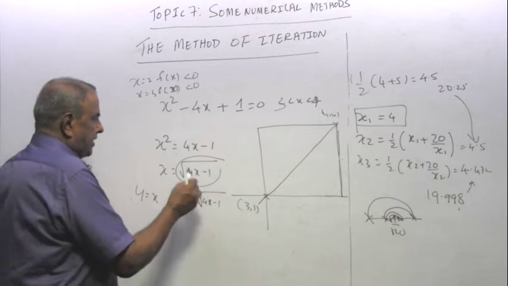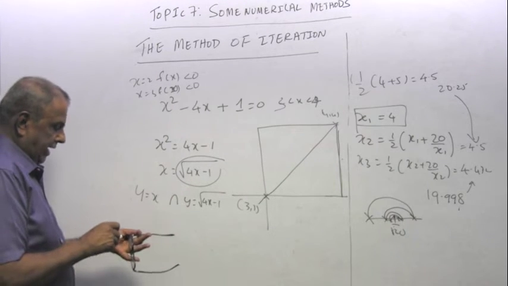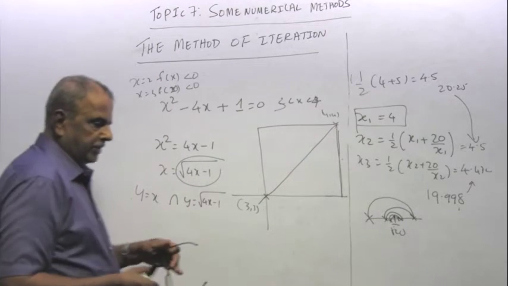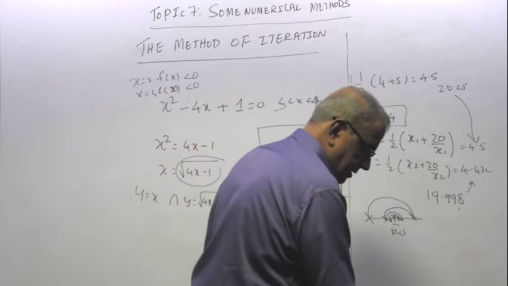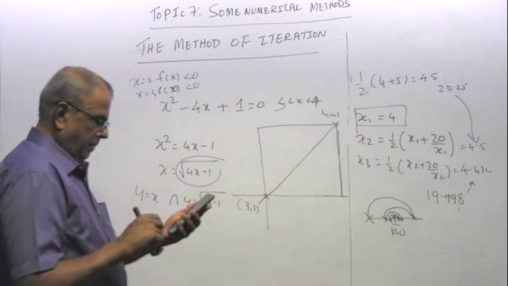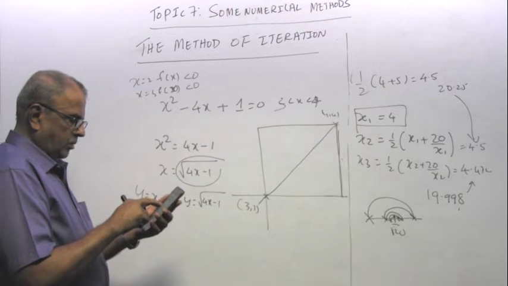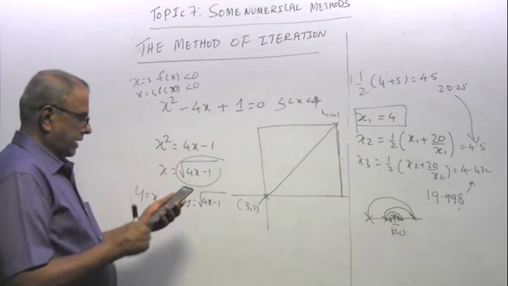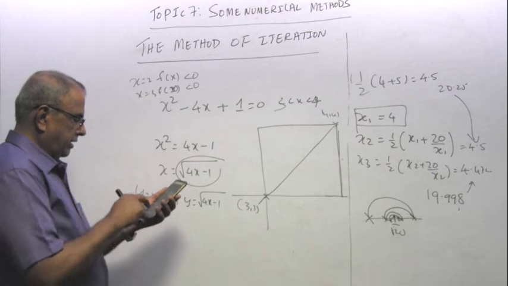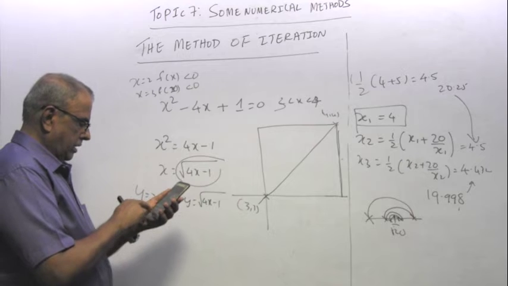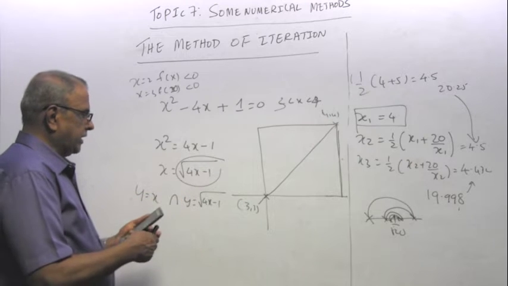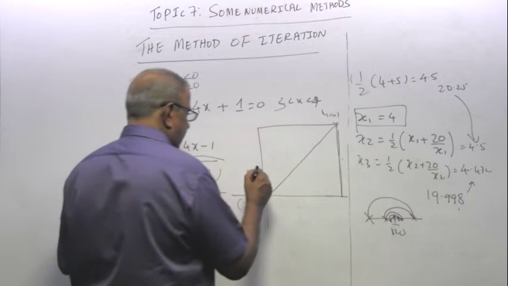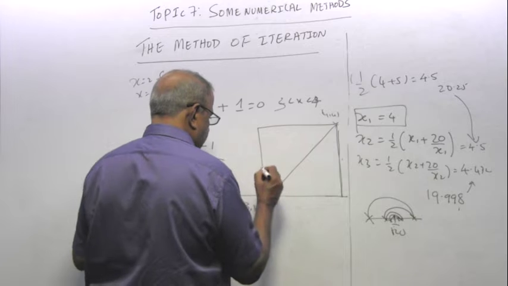And when x is 3, what is root of 4x minus 1? 4 3s are 12. 12 minus 1 is 11. So square root 11 is 3.31. When x is 3, it is 3.31, somewhere there.